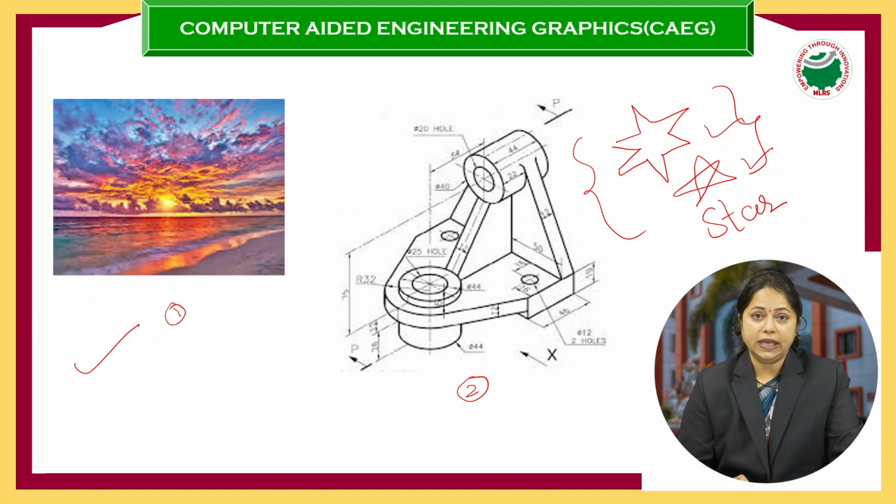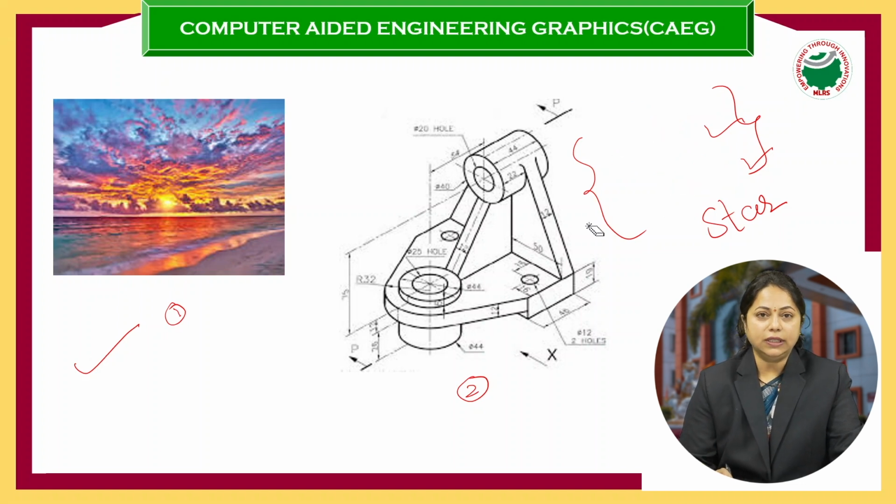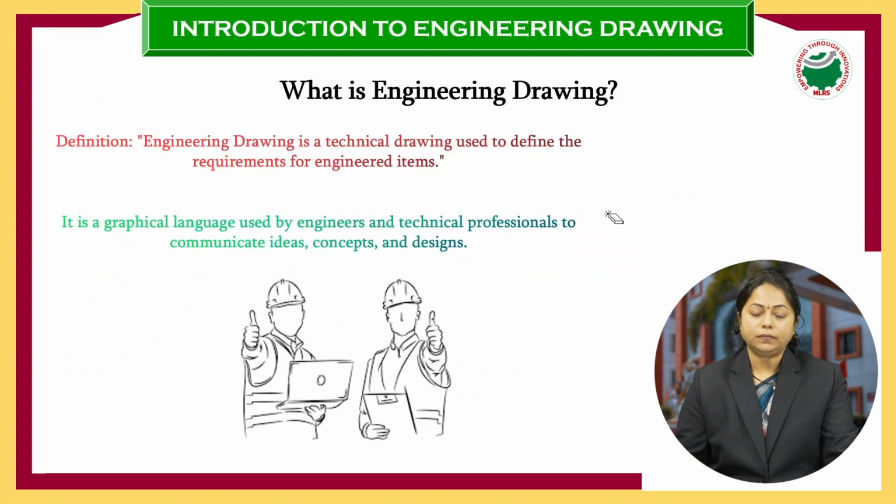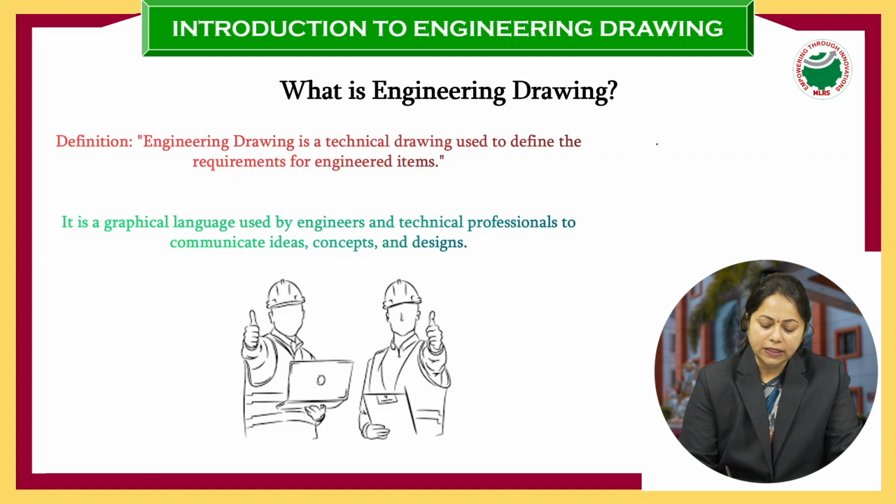But when we add some standards to that drawing, we call it an engineering drawing. So let us get into the details: what is engineering drawing? It is stated clearly that engineering drawing is a technical drawing. If you look at the world, it is 99% filled with products.